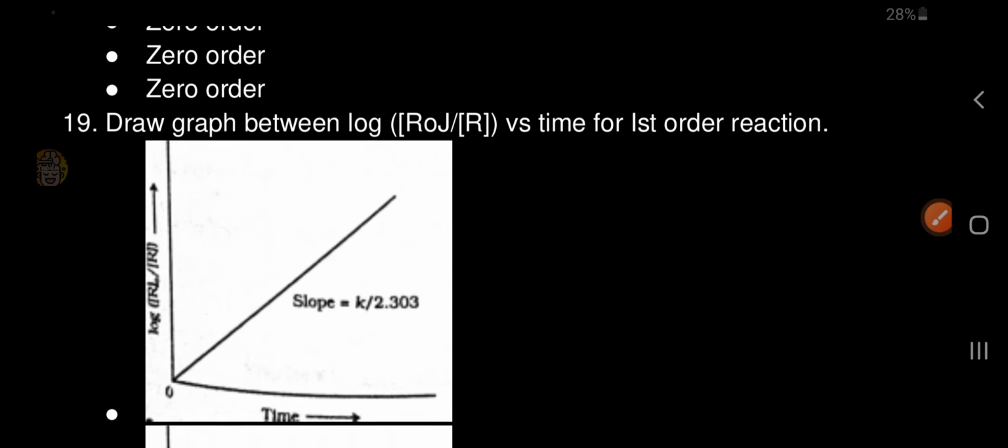Draw the graph between log R0 by R versus time for a first order reaction. It is directly proportional, so it is a straight line. Slope is k by 2.303.